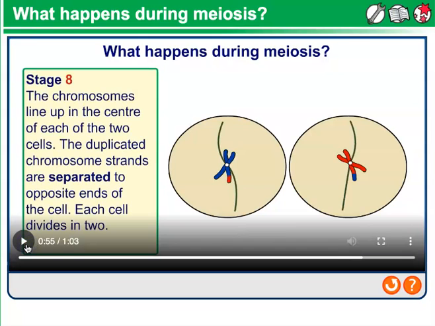In stage 8, the chromosomes line up in the center of each of the 2 cells. The duplicated chromosome strands are separated to opposite ends of the cell. Each cell divides in two.